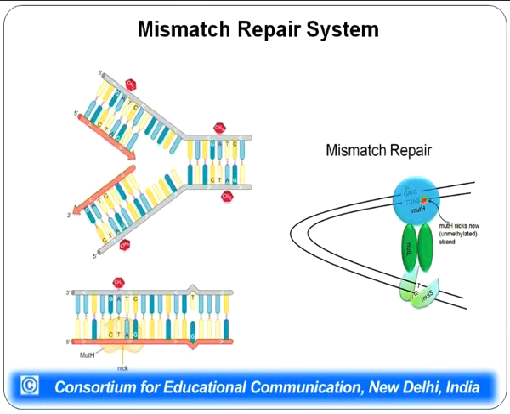In any organism which is not undergoing replication, both strands of the DNA are methylated at the A position. But after replication, in the newly formed daughter strand, the adenine bases are not methylated initially. So MUT-H recognizes these hemimethylated sites, that is, the adenine bases which are not yet methylated, and it introduces a cut only in those strands.